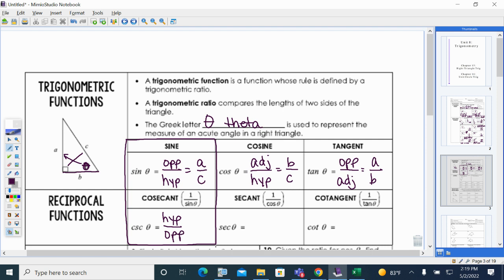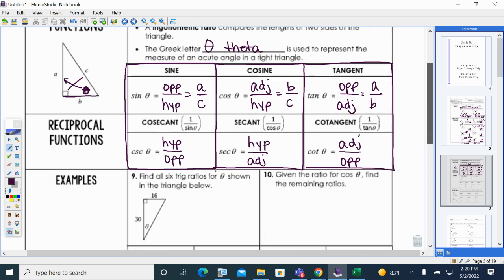And then cosine and secant are reciprocal functions. Since cosine is adjacent over hypotenuse, secant is hypotenuse over adjacent. And then cotangent is the reciprocal of tangent. So since tangent is opposite over adjacent, cotangent is adjacent over opposite. And we're going to get comfortable with these.